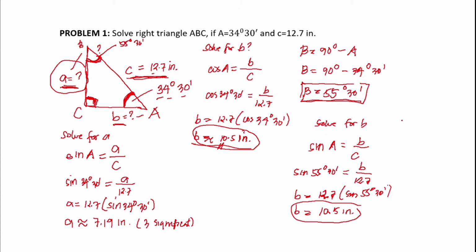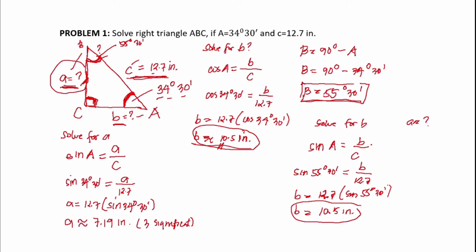And to solve for A, the unknown A here, we'll make use of the cosine. Why cosine? Because the ratio is here unknown, and this is given, and this is given.